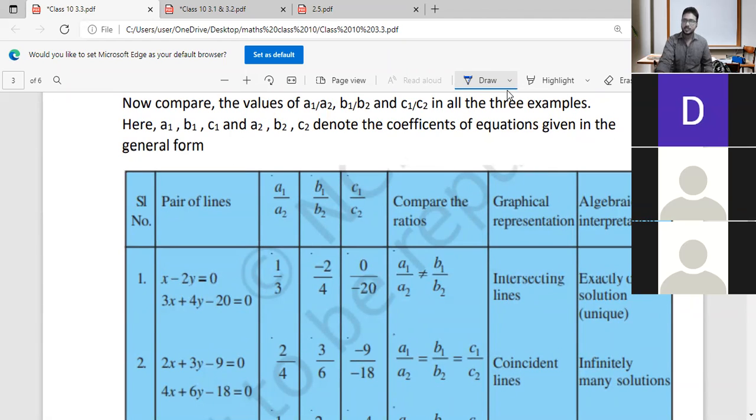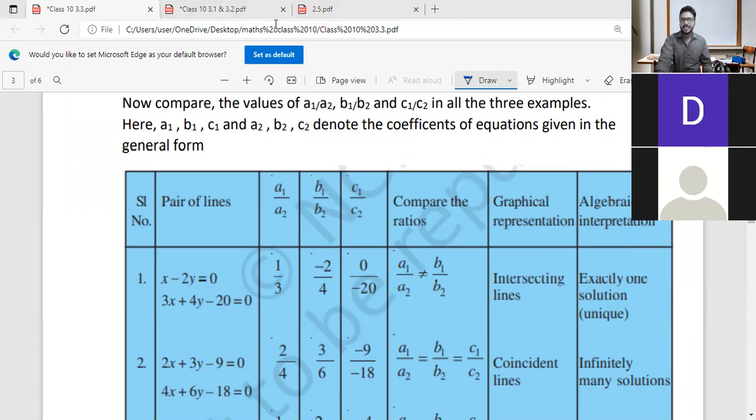a1x plus b1x plus c1 equals 0 and a2x plus b2x plus c2 equals 0. That's almost correct, but there is a little problem.